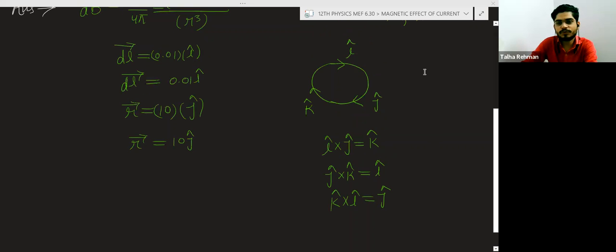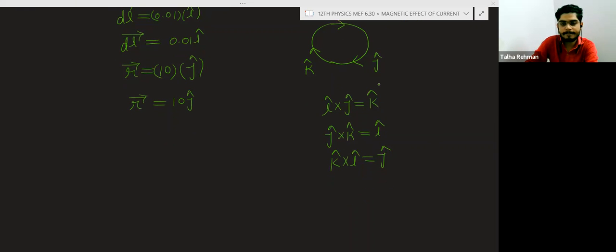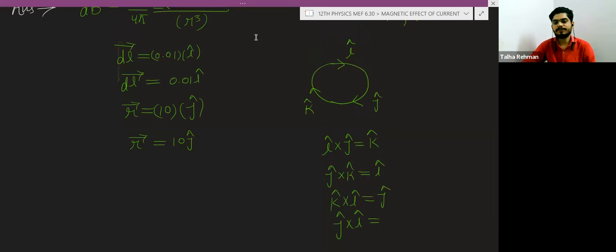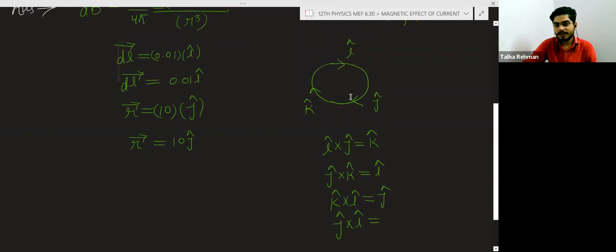If suppose I want to find J cross I, then how you will find J cross I? You have to remember the direction J also. You have to move on a circle with respect to the direction that you have taken.